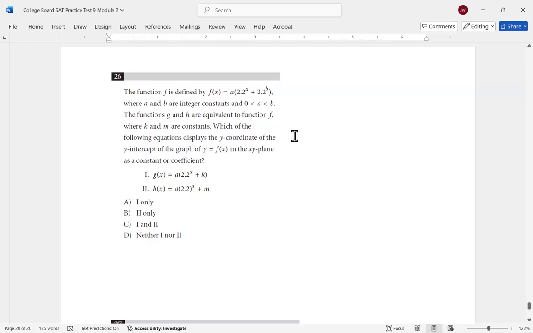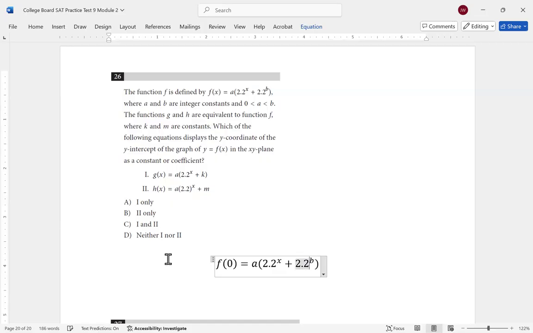So we're looking for the y-coordinate of the y-intercept of this graph f of x. If I'm looking for the y-coordinate of the y-intercept, that is going to be what I get when I plug 0 into the function. When I plug 0 into the function, I get a times (2.2 raised to the x power plus 2.2 raised to the b power).